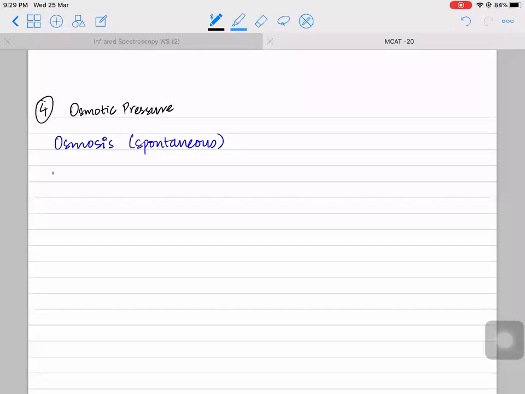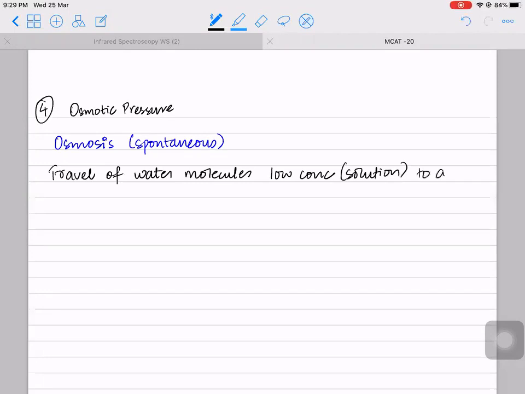So basically, it's the net movement of water particles or water molecules from an area of low concentration of solution to an area of high concentration of solution.